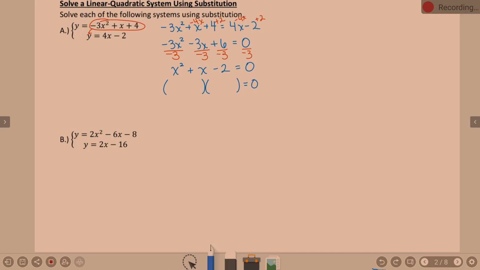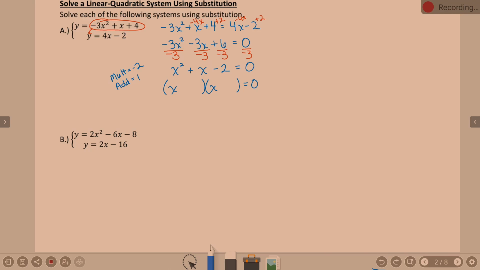x squared is going to break into 2 x's, x times x. What about my numbers? Well, how do we multiply? What do we have to multiply to get 2? We're going to get a product, or multiply to be negative 2, and it's going to add to be 1. Well, how do you multiply to be 2?